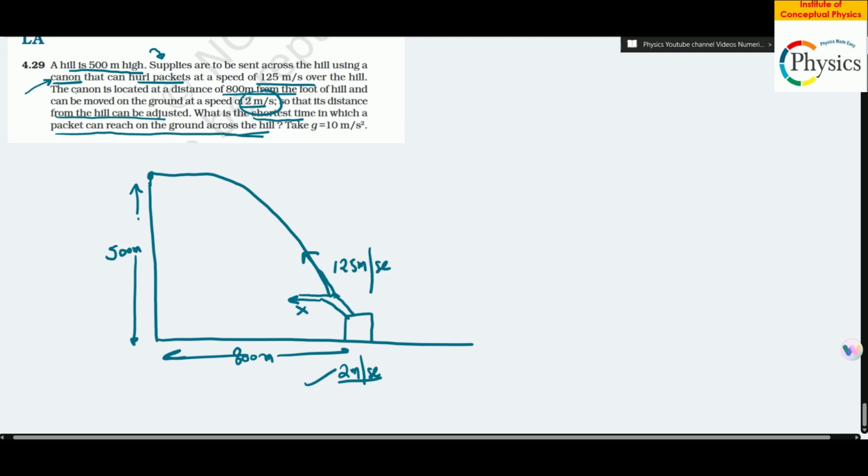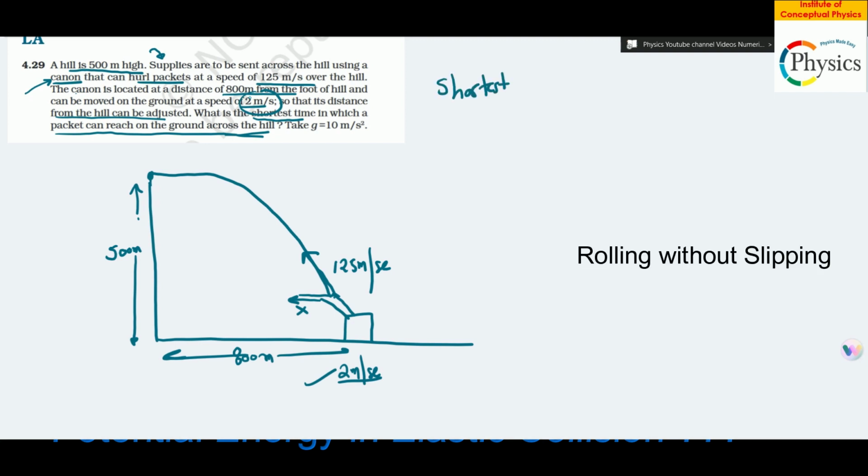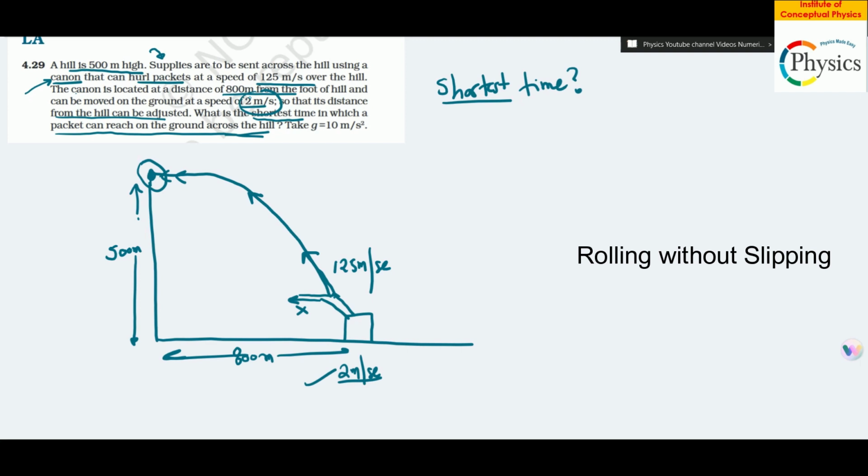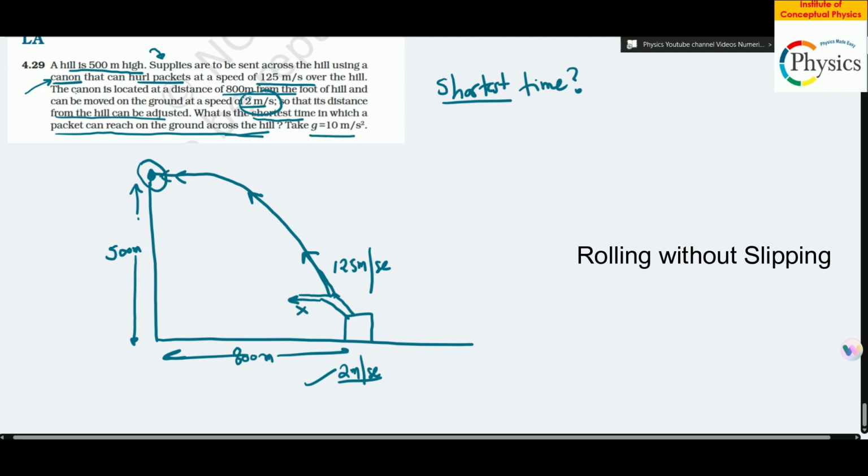You can move the cannon, and what you want to find is the shortest time. Your aim is to find the minimum time, because you want the supply to reach as soon as possible. This supply should reach this point, which is where supplies are required, while this is the point at which supplies are available and projected. And gravity is to be taken as 10 meters per second squared.